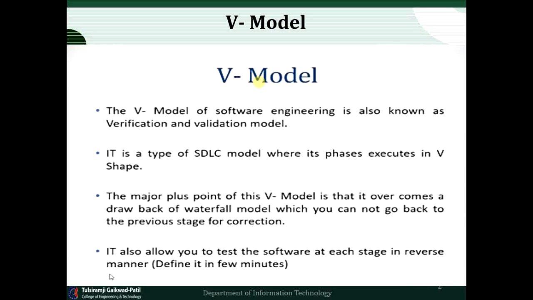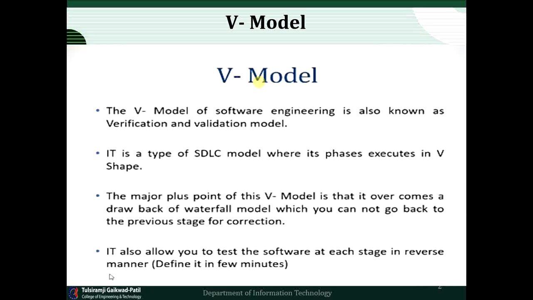Why do we need the V model? Before that, in SDLC models, we have the waterfall model. The waterfall model has some disadvantages, just like we cannot go in reverse in a waterfall model. That's why it is called a waterfall model.